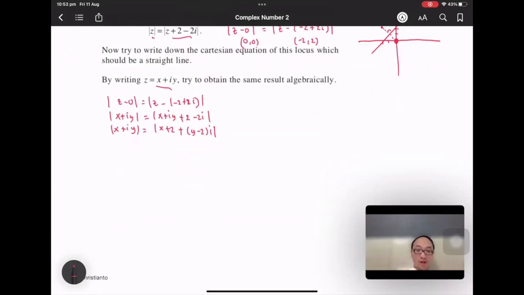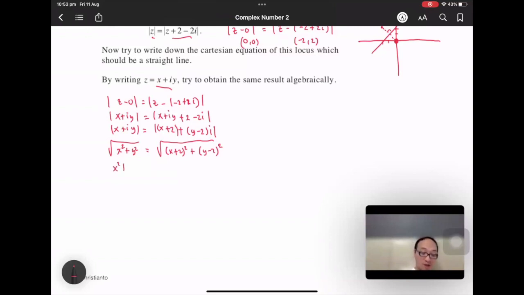Then we know that this is the modulus: the square root of x squared plus y squared. And for this, the real part is x plus 2 and the imaginary part is y minus 2, so the square root of (x plus 2) squared plus (y minus 2) squared. Then we square both sides.